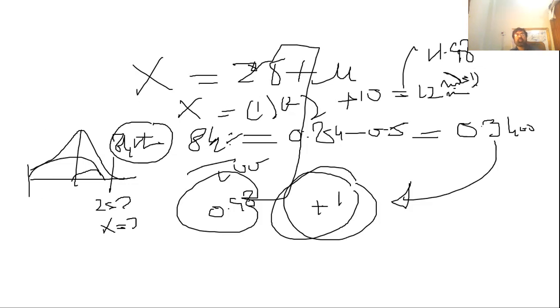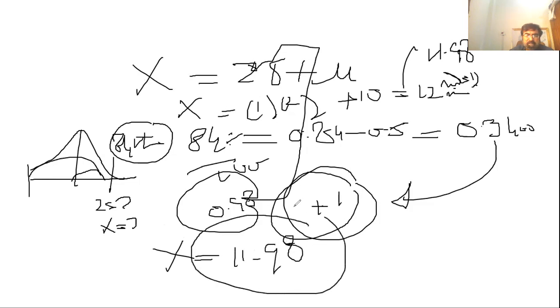So this is for the 84th percentile: the z-score, and then the individual score x, that becomes 11.98. What does that mean? That a person who is standing at the 84th percentile, the drug will react on this person after 11.98 or after 12 minutes.